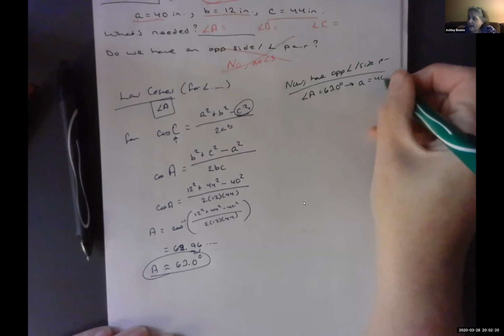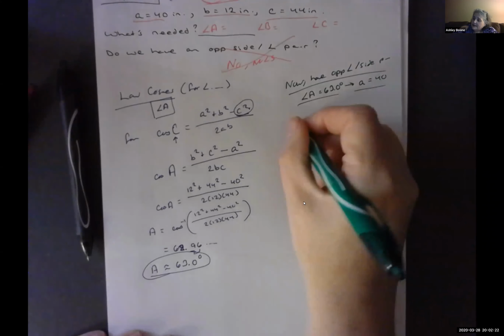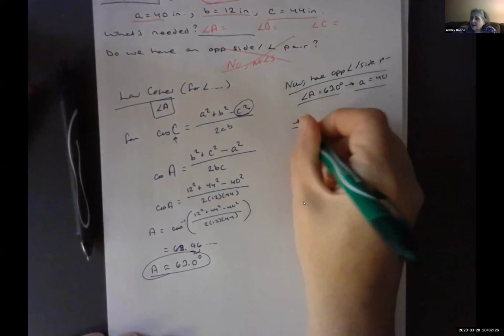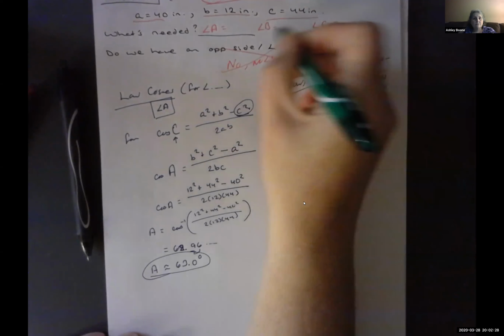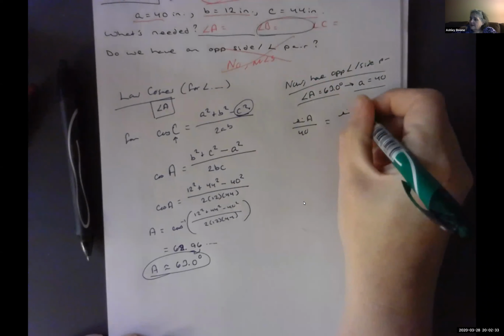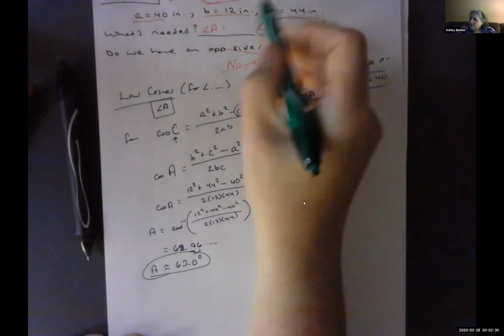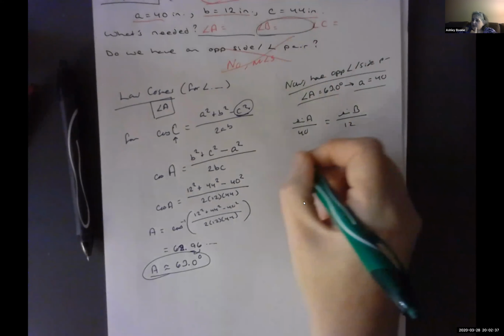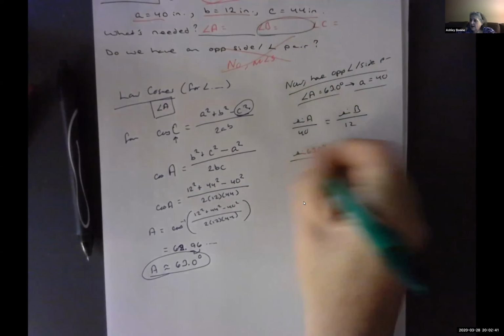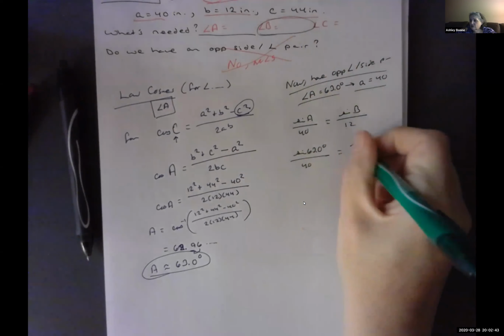I can use law of sines. The sine of A is to 40 as, and now I can go for another angle. We'll do B. The sine of B is to side B, which is 12. So I have the sine of 63.0 degrees is to 40 as the sine of B is to 12.